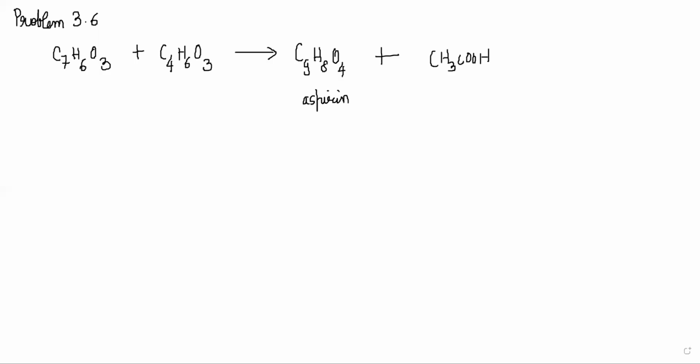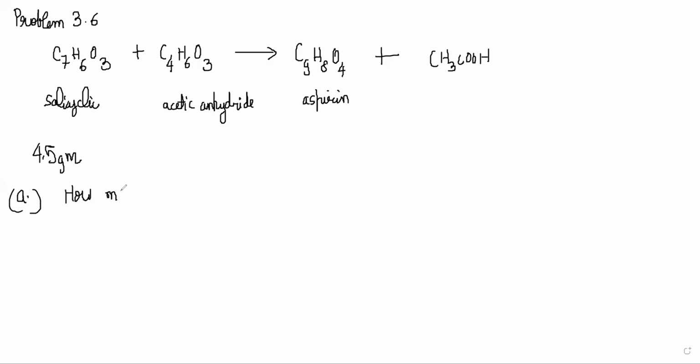Okay. Now he's saying how many grams of acetic anhydride are needed to react with 4.5 grams of salicylic acid. This is acetic anhydride, and you have salicylic acid here. You have 4.5 grams of this, and your question is how many grams of acetic anhydride are needed?